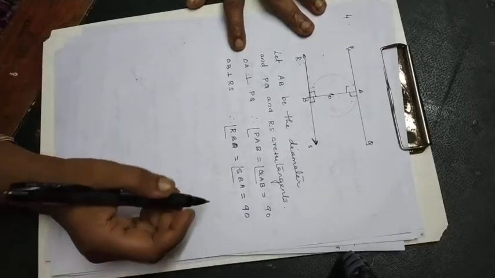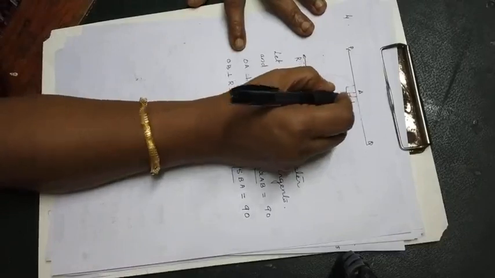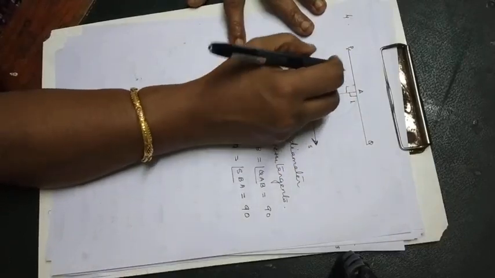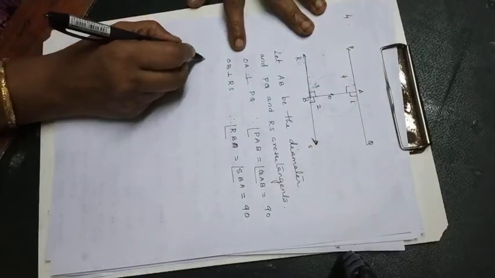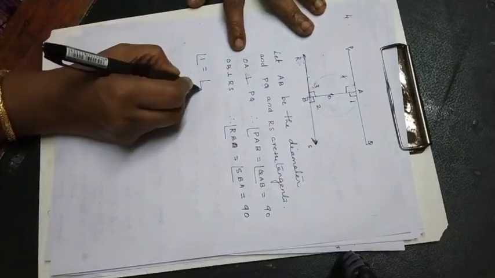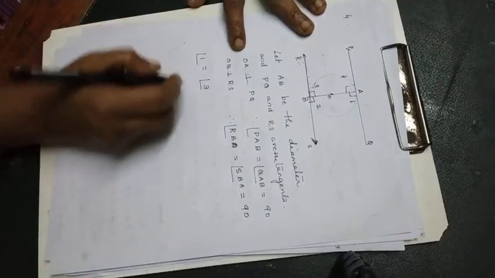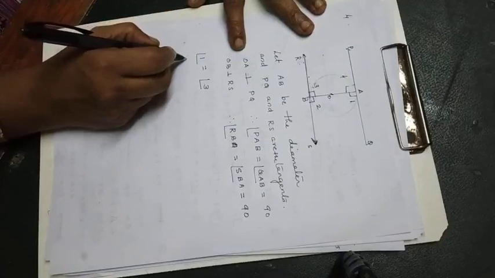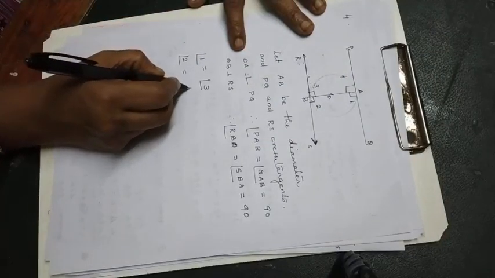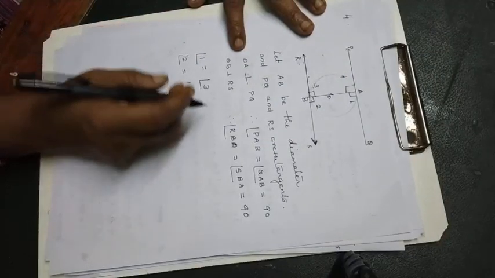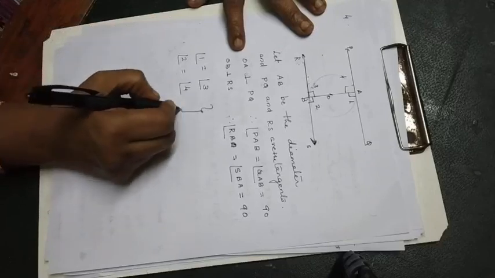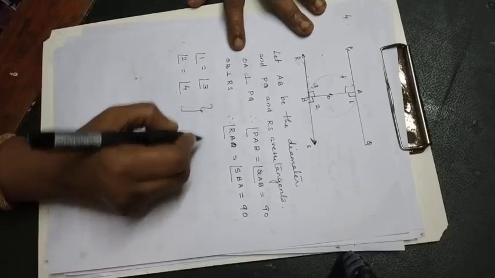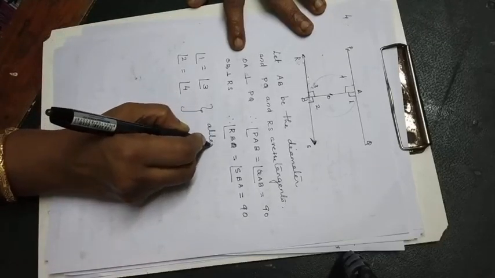Now let us mark that one 1, 2, 3, 4. Angle 1 is equal to angle 3 and 2 is equal to 4 you can write. That means these two are alternate.